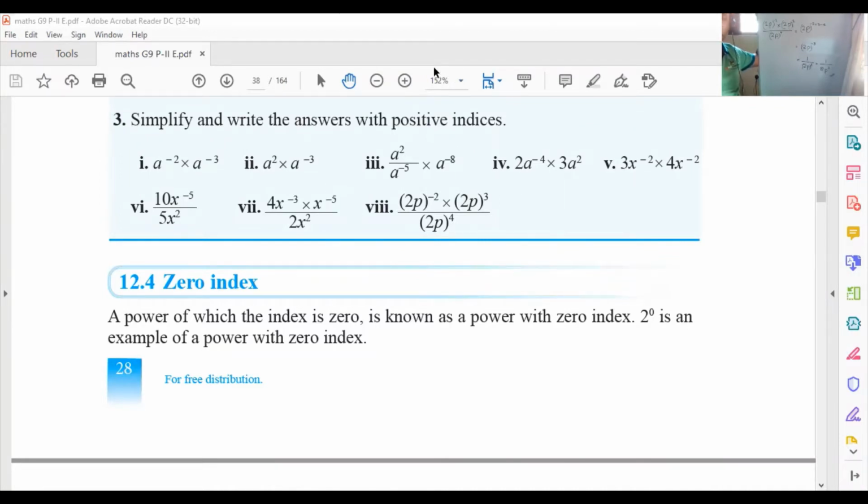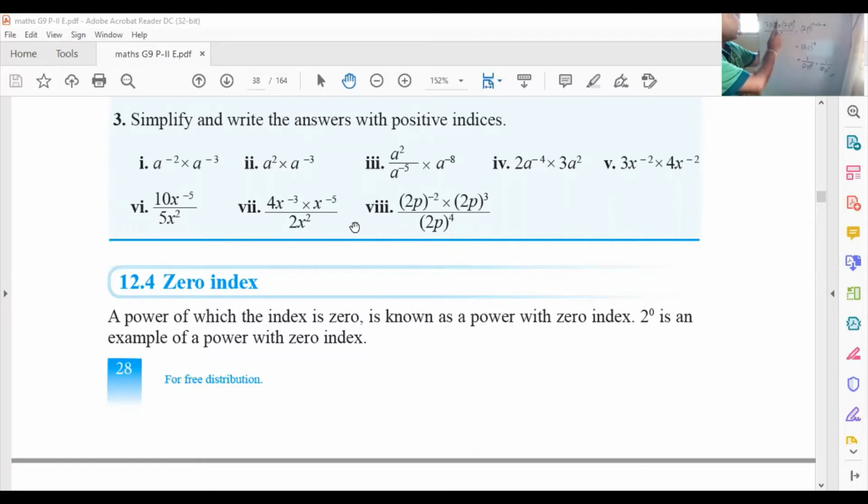Okay, let me explain again the eighth question. 2p to the power negative 2, 2p to the power 3, 2p to the power 4.